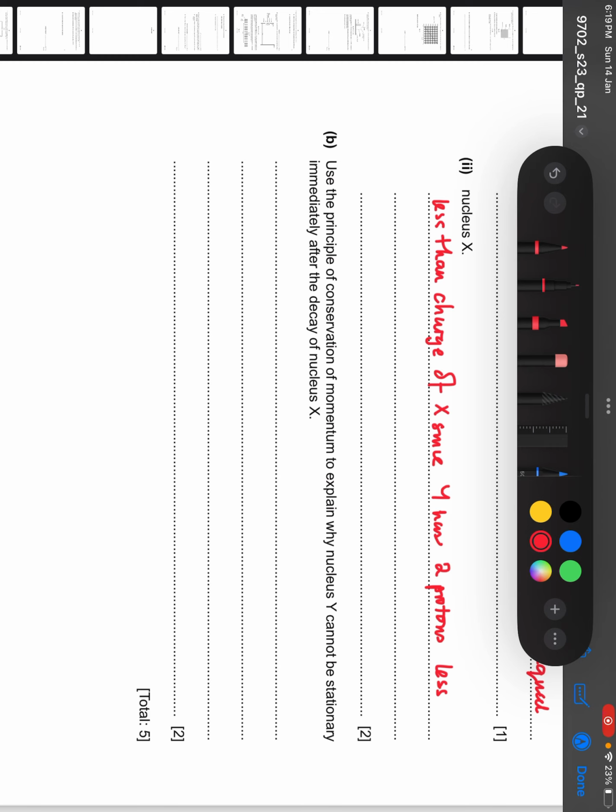By definition momentum is mass times velocity, so the initial momentum of nucleus X was 0. If nucleus X splits to form nucleus Y and the alpha particle, the total momentum of nucleus Y and the alpha particle must also be 0.